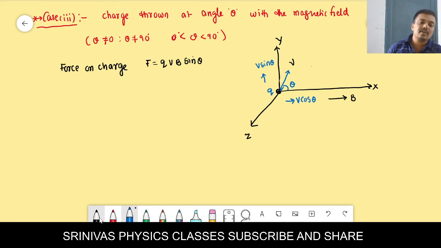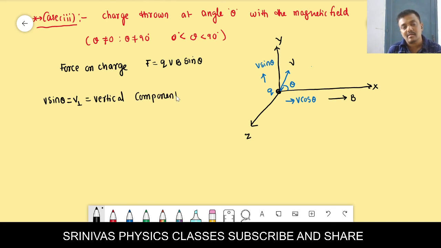When you split these velocities, v sin theta is the vertical component of velocity, which we take as v perpendicular. It is perpendicular to the magnetic field. That's why I wrote v perpendicular.